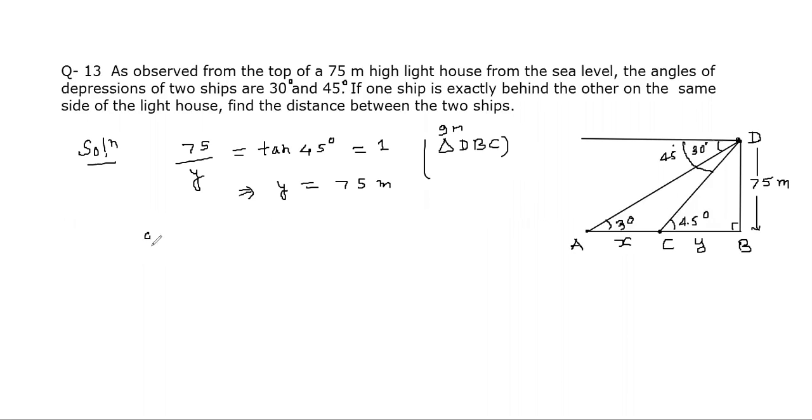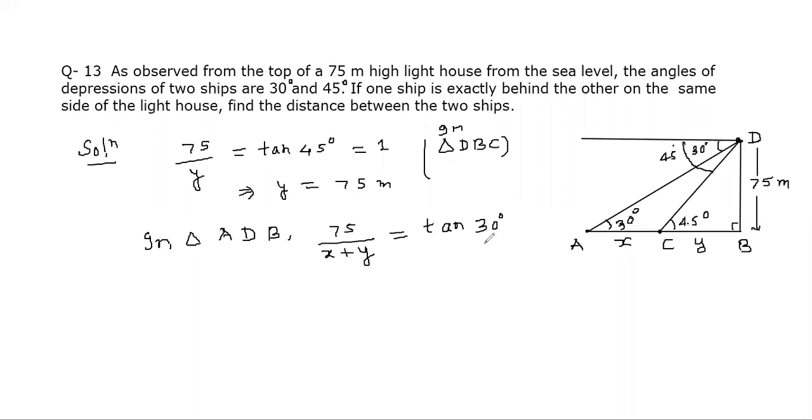Now, in the triangle ADB, perpendicular upon base will be tan theta. So perpendicular is 75 divided by base x plus y equal to tan, this angle is 30 degrees.